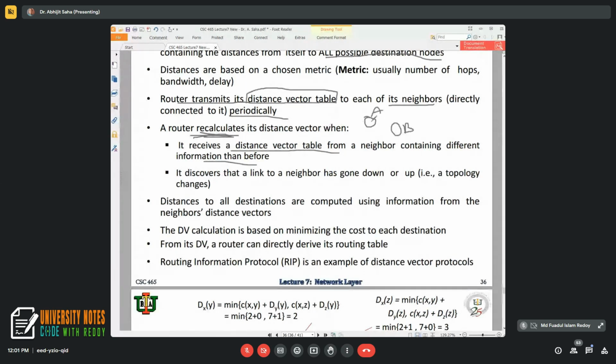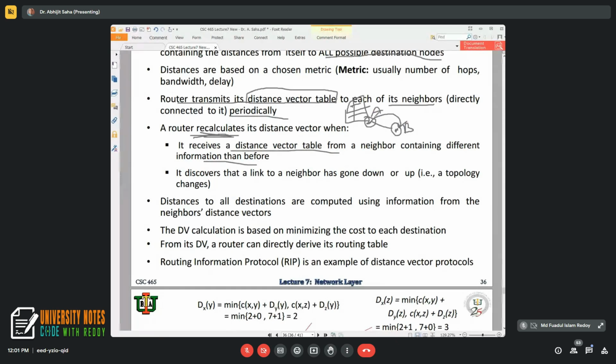Say this is node A and B, and every node has a table. If any change happens in the distance vector table of A, then the update is going to be given to B. Of course, that node needs to be a direct neighbor of A.